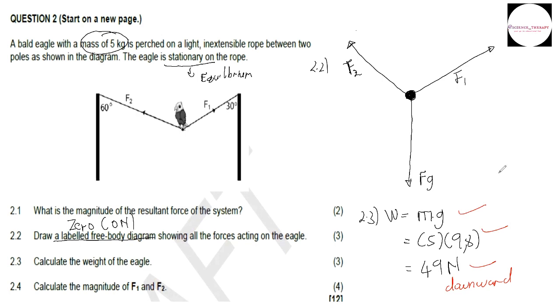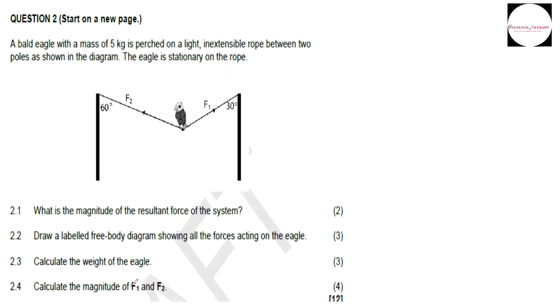Right, then let's move to 2.4. It says calculate the magnitude of F1 and F2. In order to calculate that, we would need the aid of our vector diagram. The first thing we have to do is draw the triangle of forces, which will be a closed vector diagram since the system is at equilibrium.